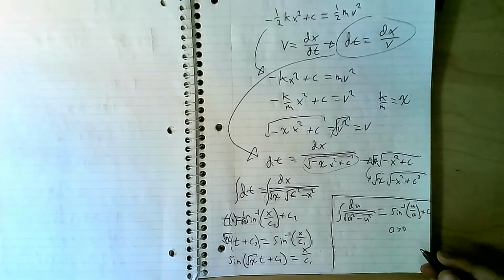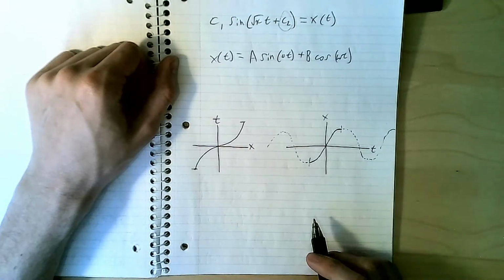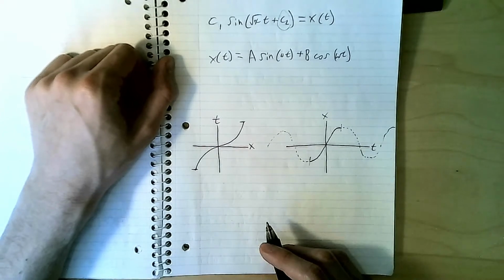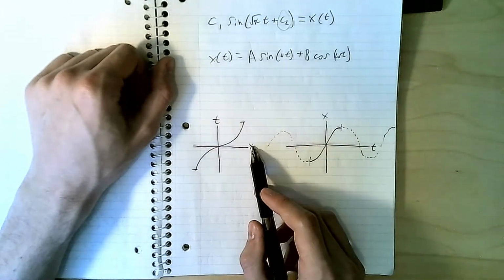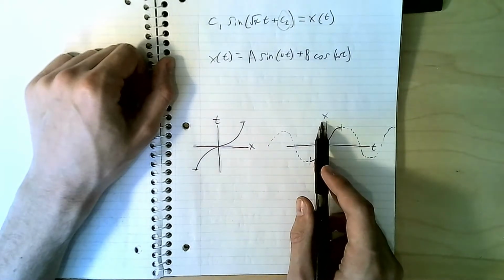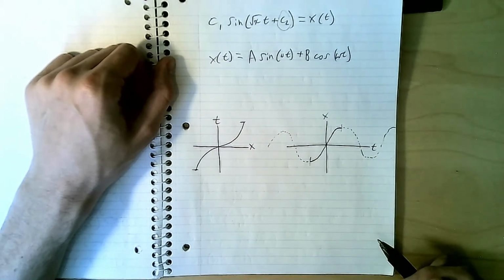So then why does... So what I've drawn here to maybe illustrate this is this here was our t as a function of x, and then this is x as a function of t, generally speaking.